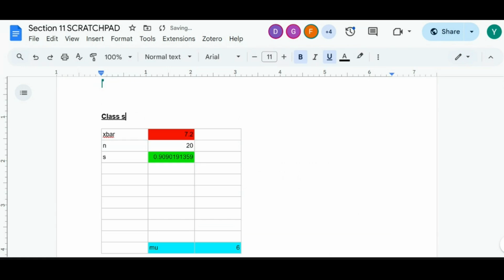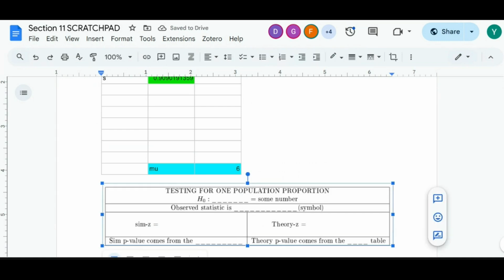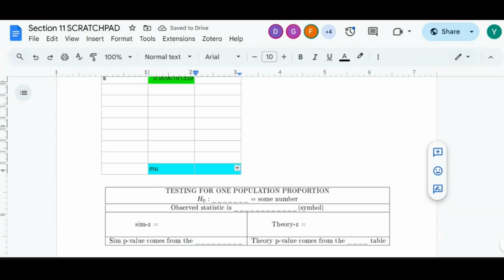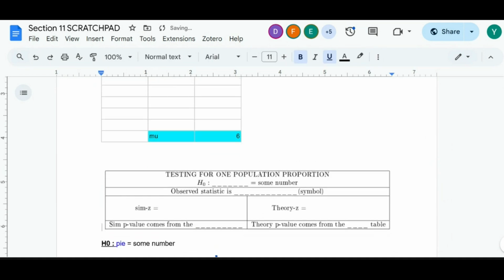Class sleep data. Okay. If I want to test whether mu is 6, can I have someone tell me what the t statistic looks like? Isn't the t statistic something minus something over something?